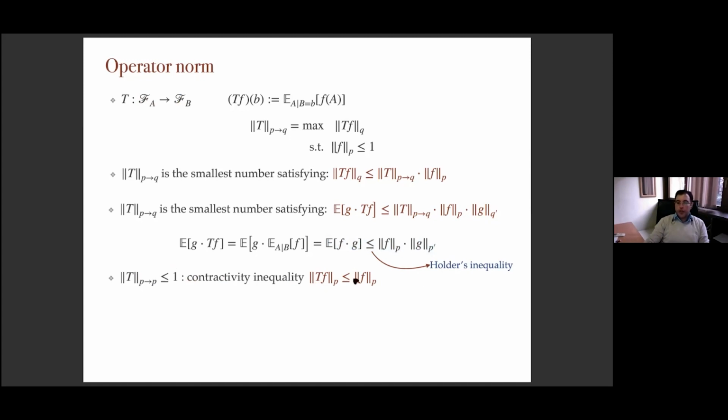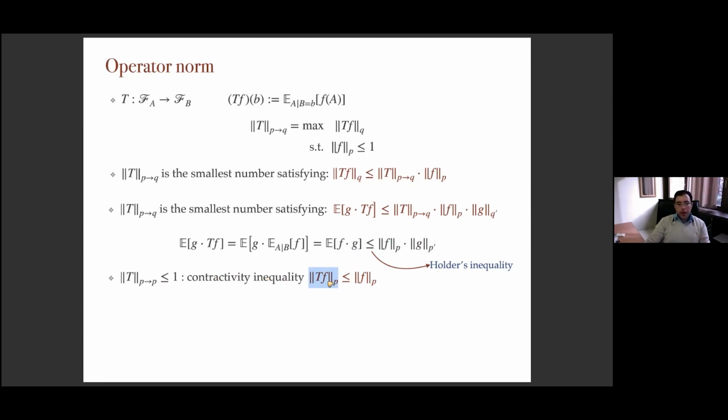If I start with a vector F with a given norm, the norm of the image of F, with the same P norm, would be smaller. So it contracts this space. That's why this is a contractivity inequality. It says that the norm of the image of a vector is at most the norm of the starting vector.